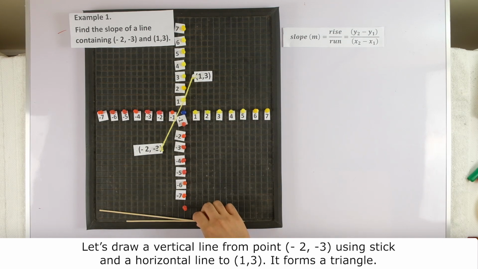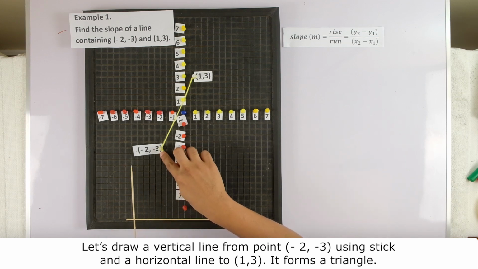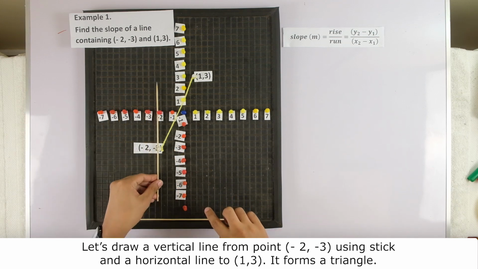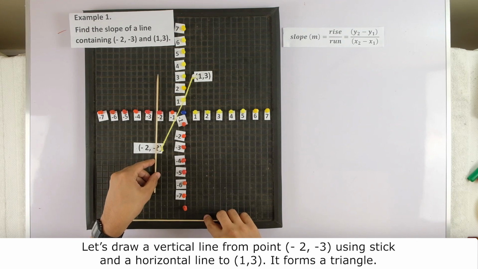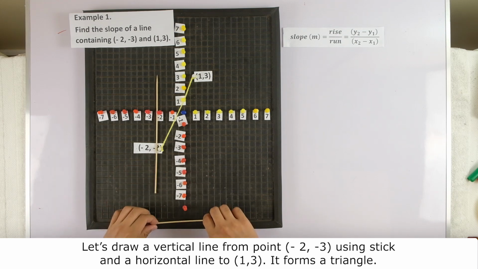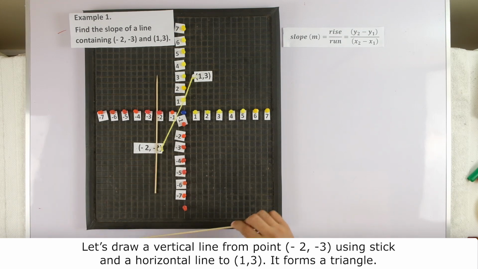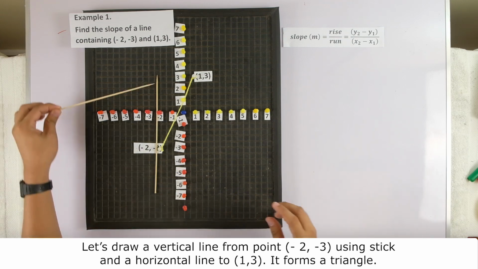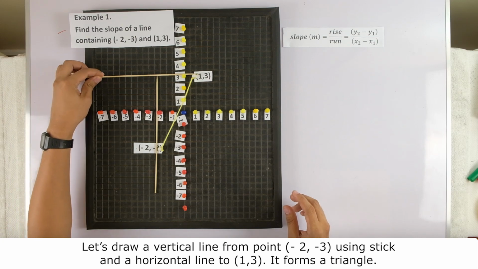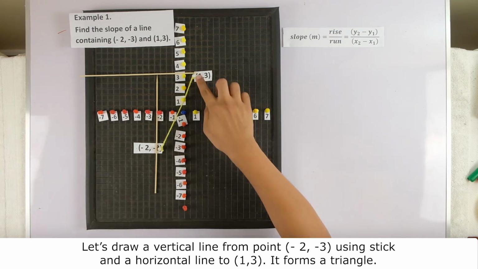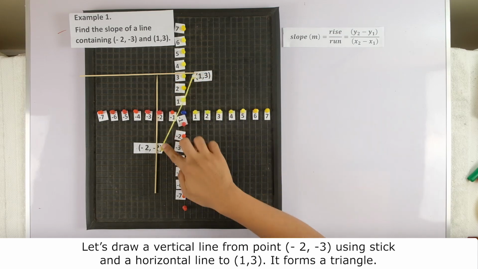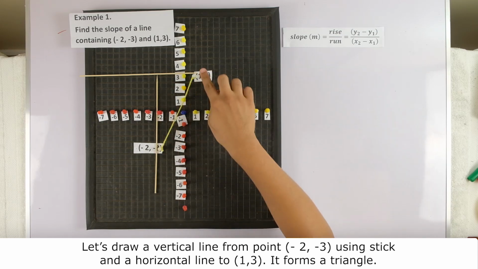Let's draw a vertical line from point -2, -3, and a horizontal line to 1, 3. It forms a triangle.